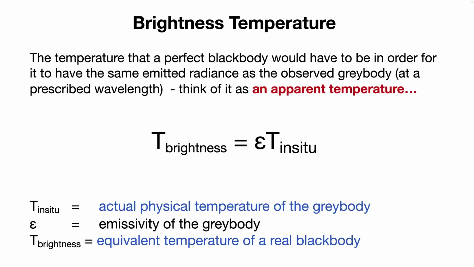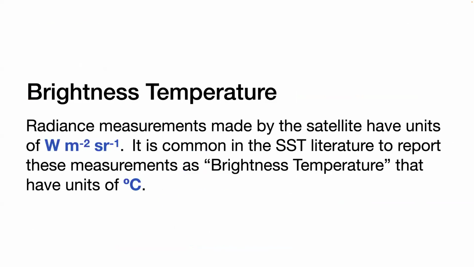I wouldn't get hung up on this, but it's just a different way. If you see brightness temperature, maybe this is the best way to read it. It's just another way of presenting the same data. It's the radiant energy measured by the radiometer, watts per meter squared per steradian, and it's just been converted through this emissivity idea into what's called the brightness temperature.